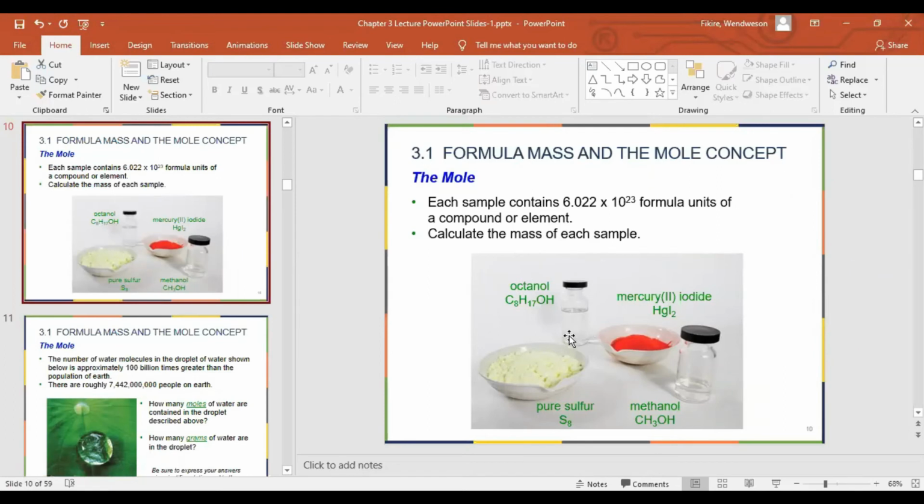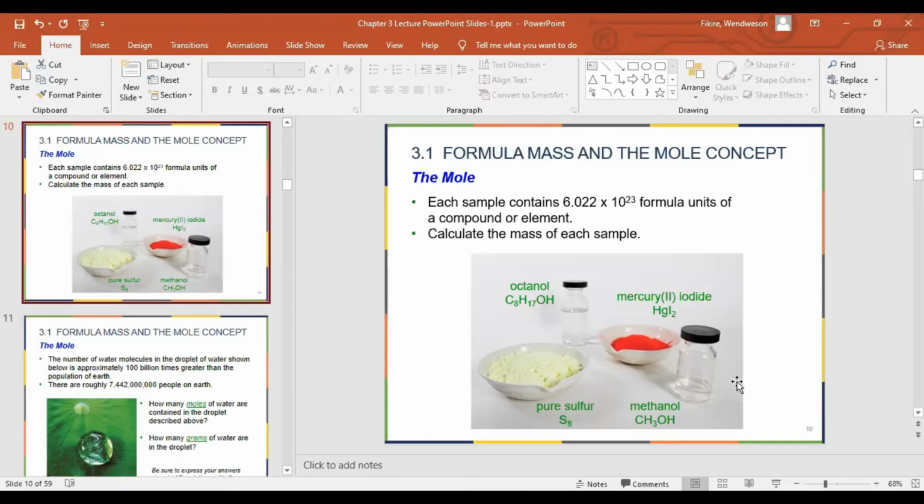You can calculate the mass of each sample. If you want to calculate the mass of each sample, you can count the number of carbon, the number of hydrogen, the number of oxygen, each multiplied by their respective weight in the periodic table.